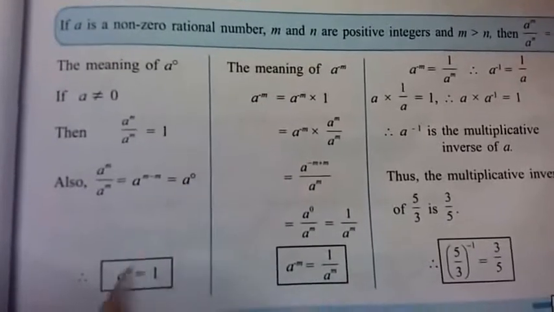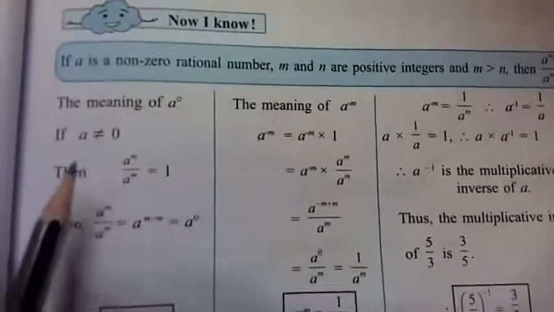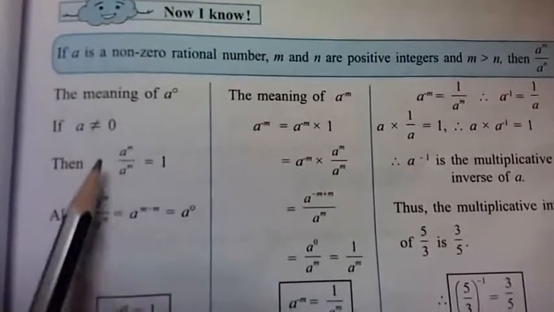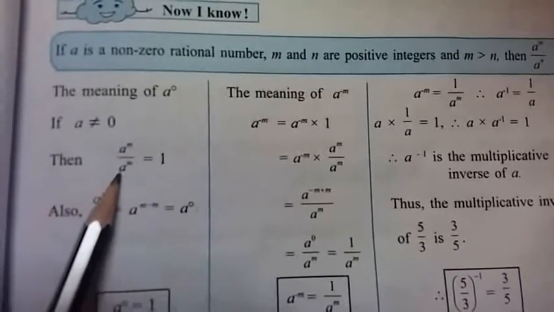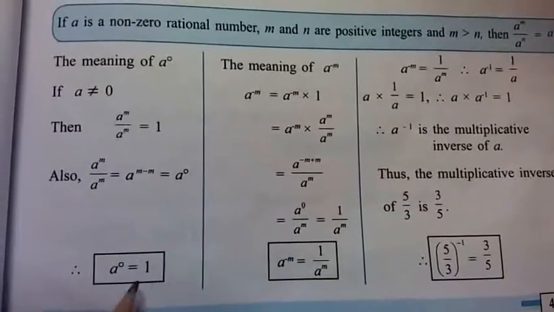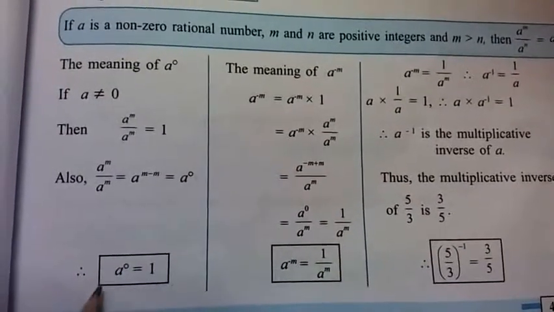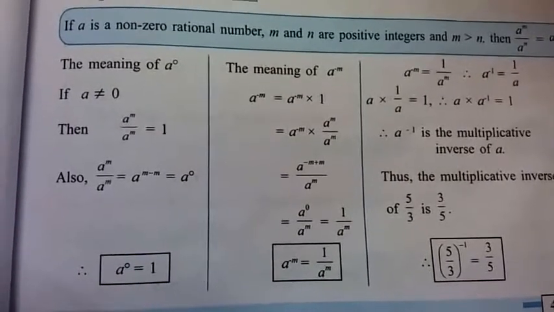Means a raised to 0 is equal to 1. How is it 1? A raised to m divided by a raised to m, a raised to m will get cancelled, and what is remaining is 1. Therefore, a raised to 0 is equal to 1. Means if the index is 0, the answer is 1.